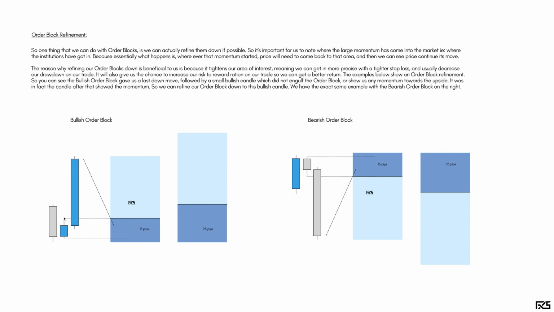So what we can do is take our order block, which is here. This is the last down move, but we can actually take this as our order block because it's the candle before that momentum came in. The range on this candle is 15 pips, whereas if we had kept to this order block, this is what we're looking at, 25 pips.